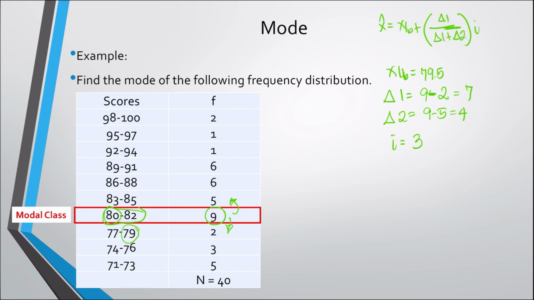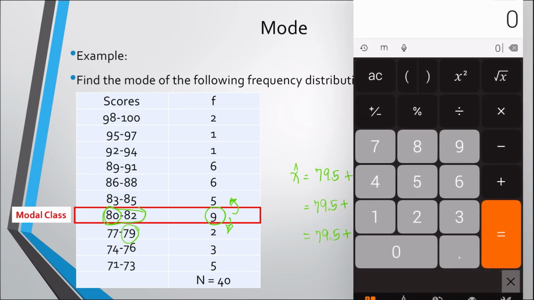Okay. So, proceed na tayo sa pagsasubstitute. So, mode is equal to lower boundary is 79.5 plus difference 1 is 7 over difference 1 is 7 ulit plus difference 2 is 4 times 3. Okay? Equals 79.5 plus 7 over 7 plus 4 is 11 times 3 is equal to 79.5 plus 7 divided by 11.